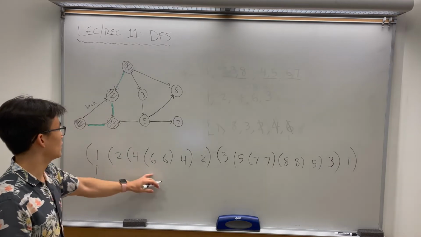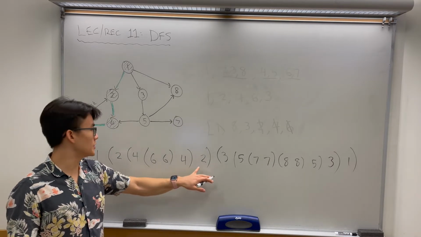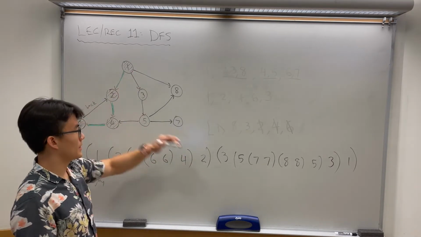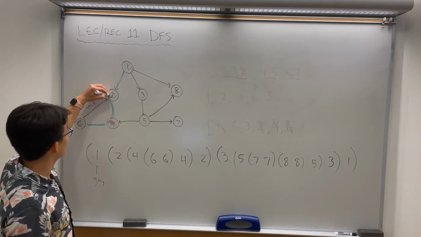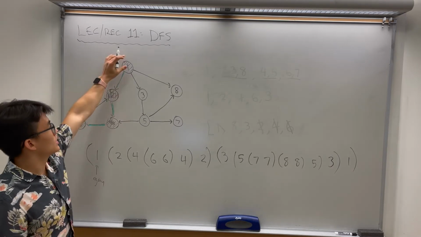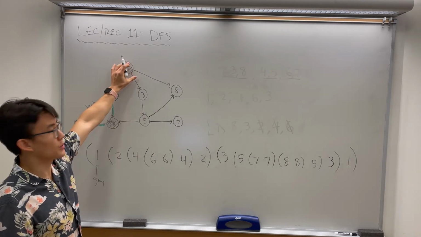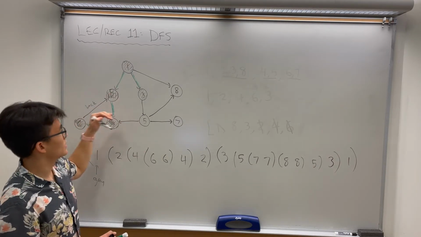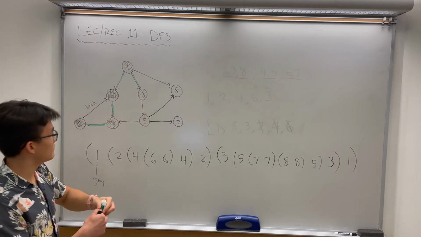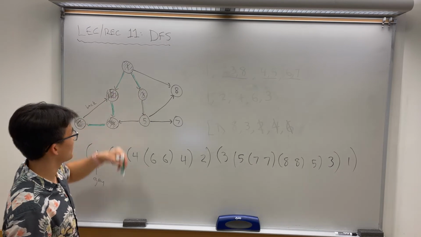Continuing this, we finished 6, we finished 4, we finished 2, now we get to 3. So these all become black nodes. Now we go to 3, 1 is still gray. 3 is a white node, which means this is a tree edge. 3 becomes gray, 3 goes to 5, also a tree edge.